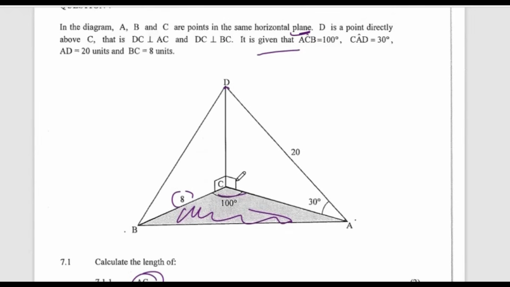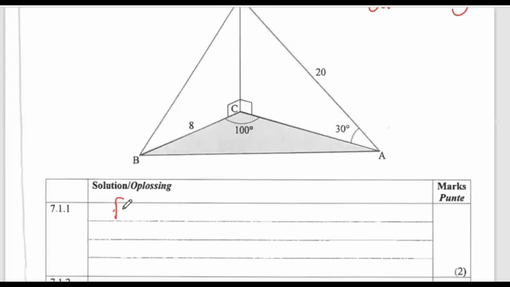Where is AC? This is AC. Now this AC is surrounded by 2 triangles, the bottom triangle and this one. I see that the triangle with more information is ACD. It's a 90, so I can use that. From triangle ACD, I can use the trig ratios now.